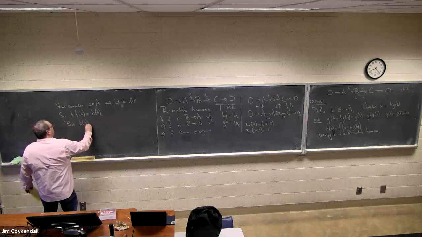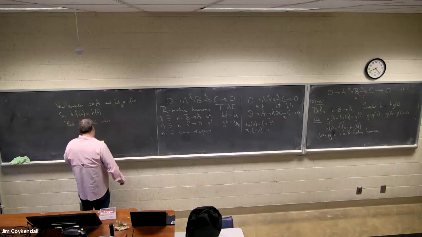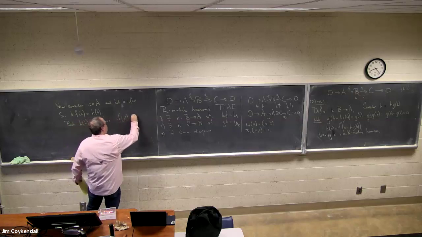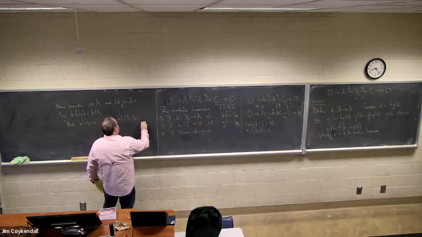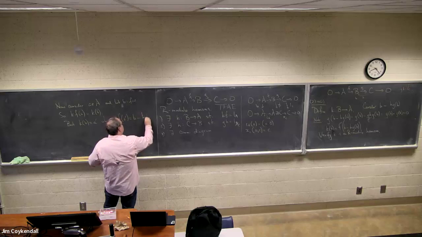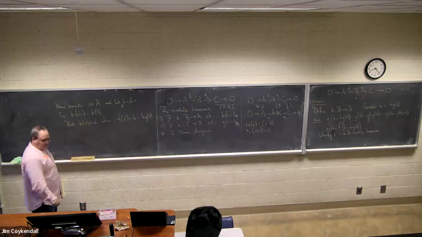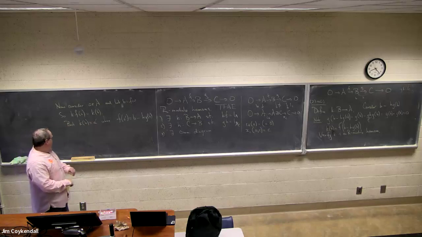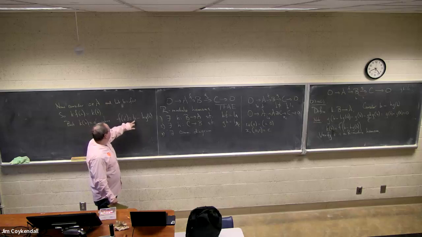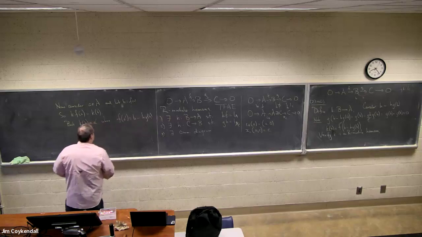K of B is equal to A prime, where A prime is a preimage of that special element, B minus HG of B. So K of B is equal to A prime, where F of A prime is equal to whatever this is. But we know that B is F of A.